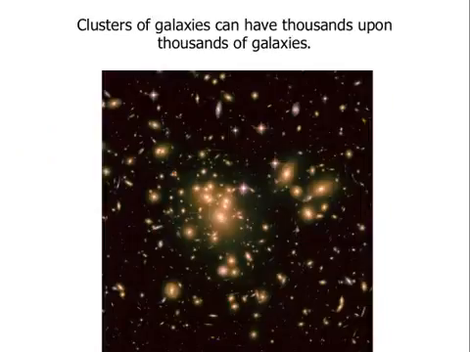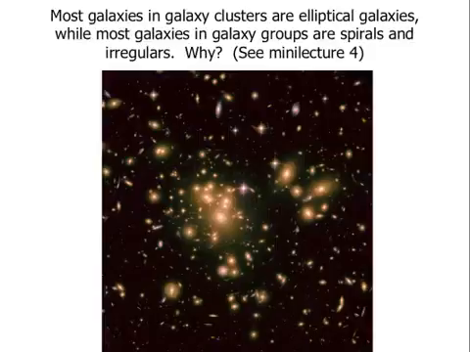Instead of just having 2 big galaxies and a few small ones, this cluster in the same volume of the universe has thousands of galaxies and dozens of giant galaxies. You'll notice that most galaxies in galaxy clusters tend to be elliptical, whereas most galaxies in galaxy groups are spirals and irregulars. Why is that?